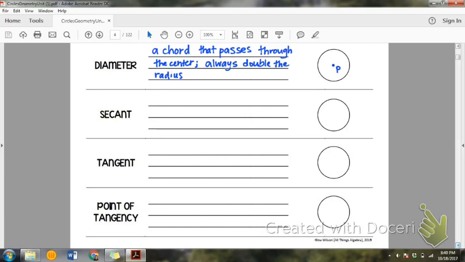So the diameter is a chord that passes through the center. Remember, a chord has two endpoints that are on the circle. Notice the diameter goes through the center here, and so we could call this diameter AB. It goes through the center, and it has endpoints that are on the circle. So this would be diameter, and the segment is AB.